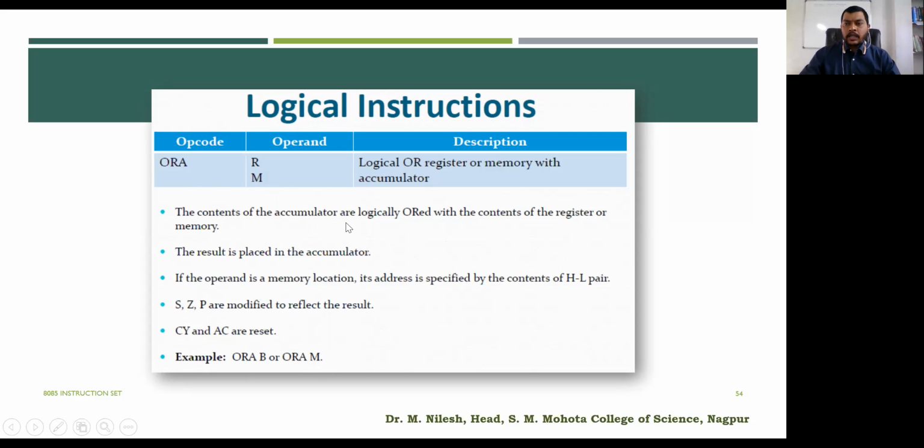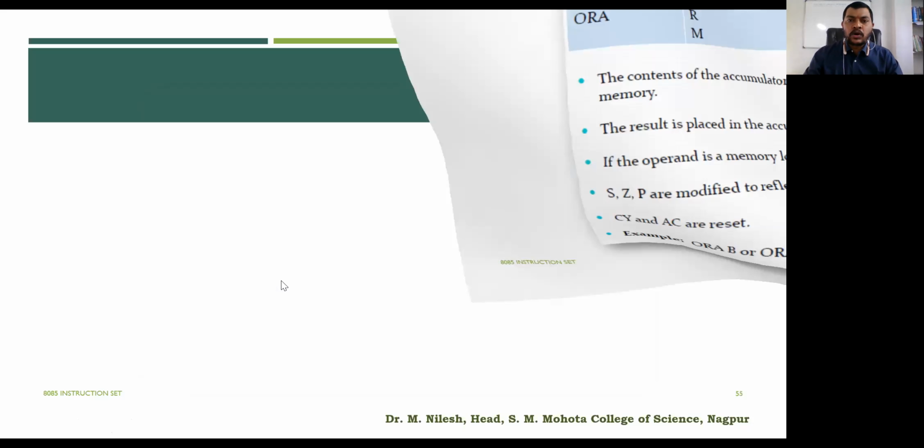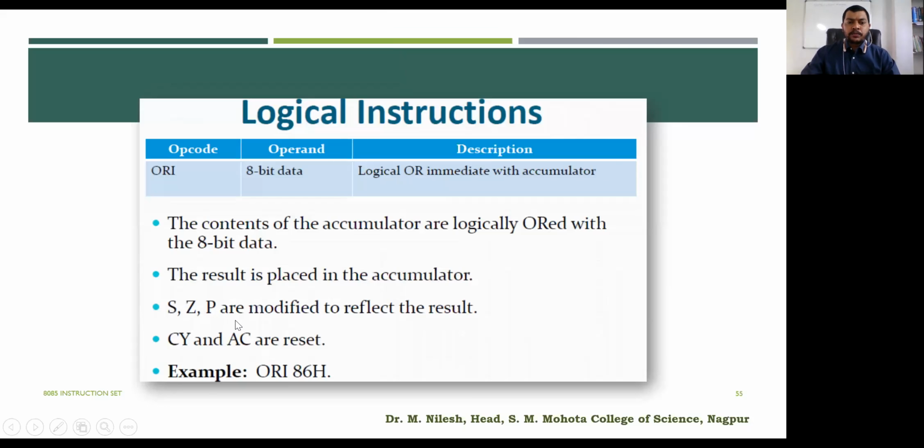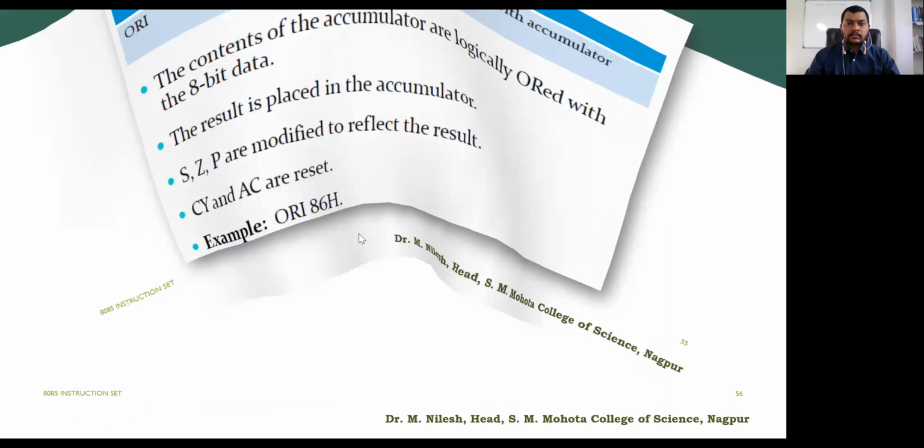The contents of the accumulator are logically ORed with the contents of the register or memory. So sometimes you will require these instructions also. So these are all logical instructions. And similarly, we have ORI, immediate 8-bit data, right? Again, sign, zero, parity are modified and reflected in the results. Carry and auxiliary carry are reset, and the results are stored in the accumulator itself. So these are some logical instructions.